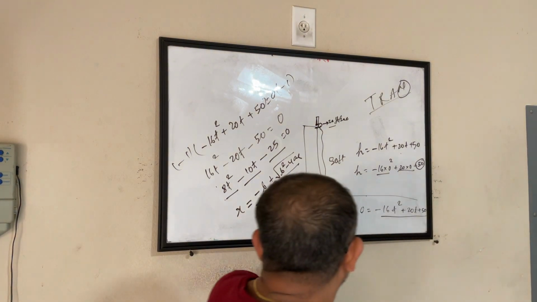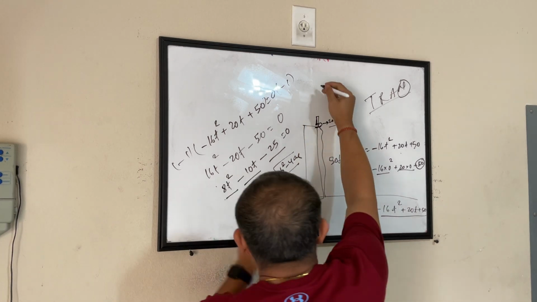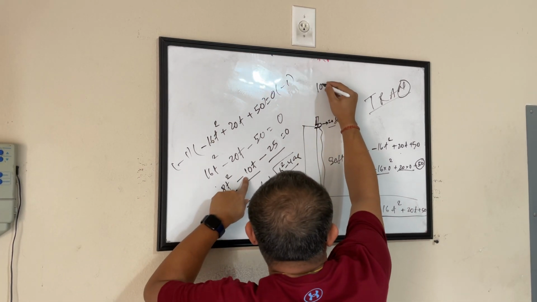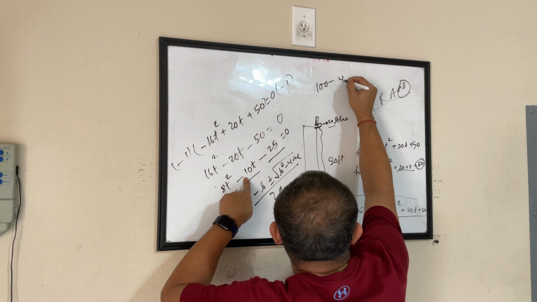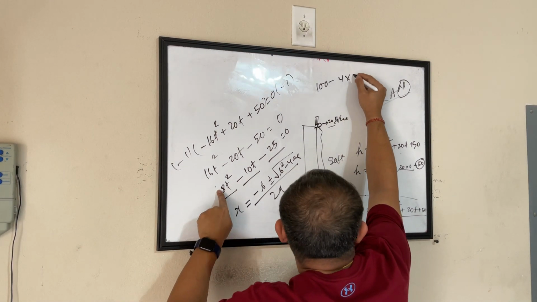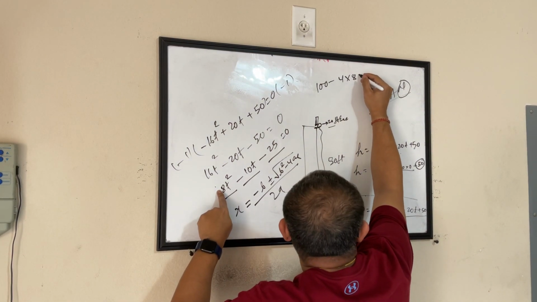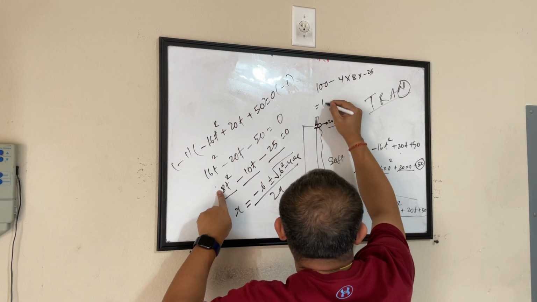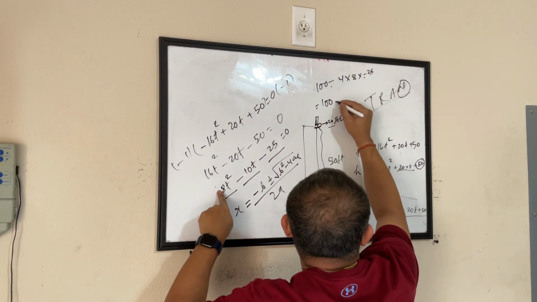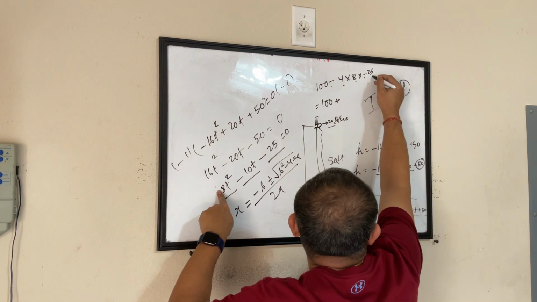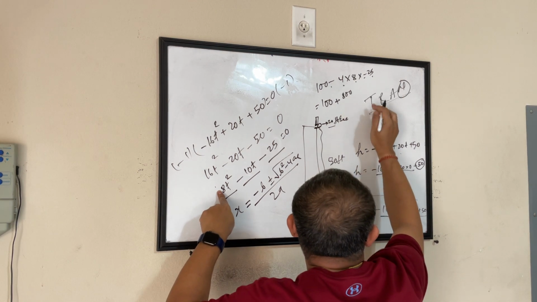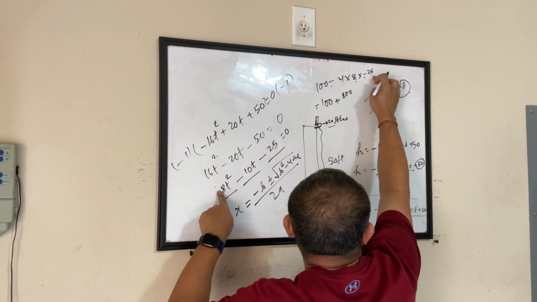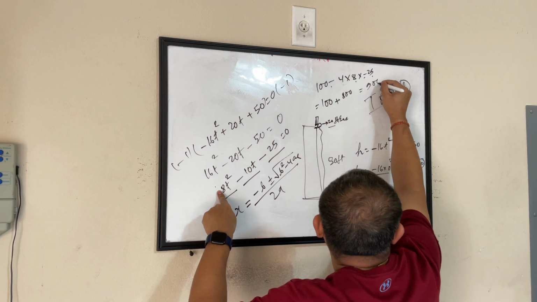So let's find out the b squared minus 4ac value. b squared is 10 squared, 100, minus 4ac, 4 into a into c, which is minus 25. So this becomes 100 minus into minus plus 4 into 8, 32 into 25 is 800. So this becomes 900.